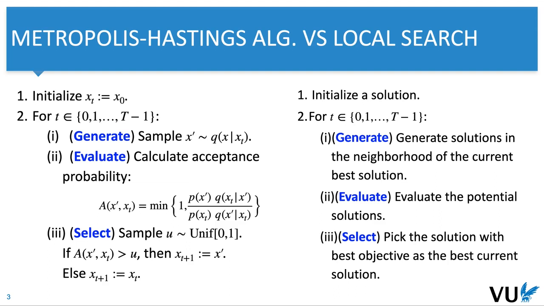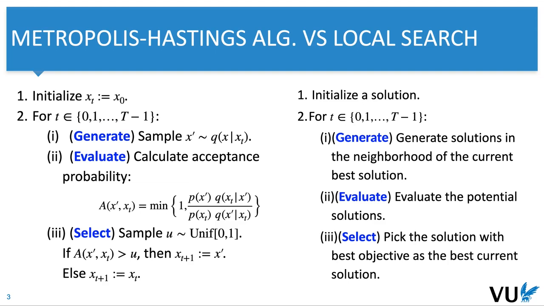Again, it consists of 3 steps. First we need to generate a solution or solutions in some neighborhood of the current best solution. Then we evaluate these potential solutions, these candidate points. And as the next step, we just select the best one, that is, for instance, better than our current best solution, all right?